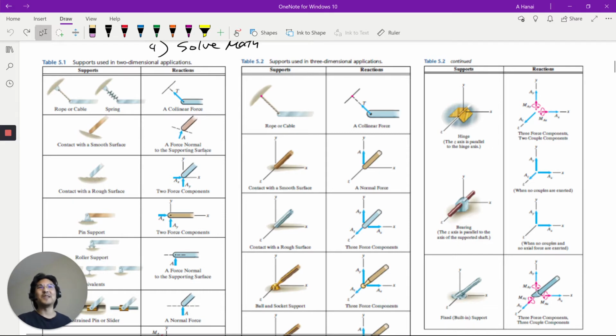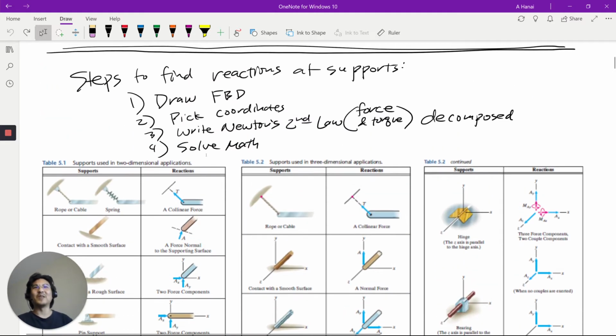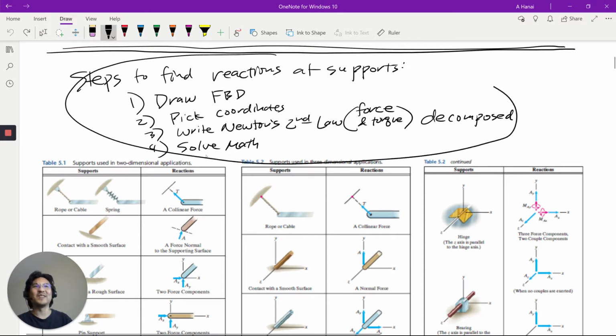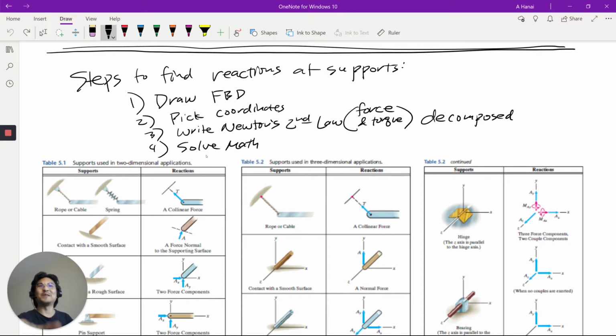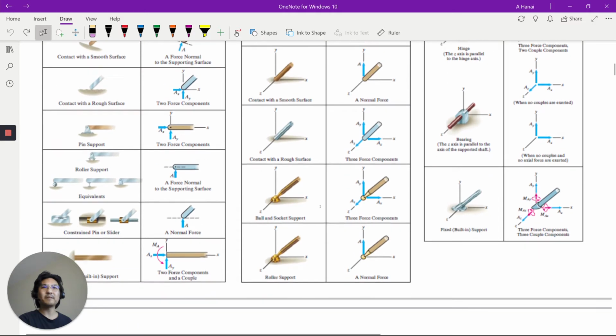To solve these types of problems, here are the steps, which hopefully look super familiar. Step 1, draw the free body diagram. Step 2, pick your coordinates. Step 3, write out Newton's second law, decomposed for both force and torque. Then you just solve some math. I'll just run through examples, that's the best way to show.